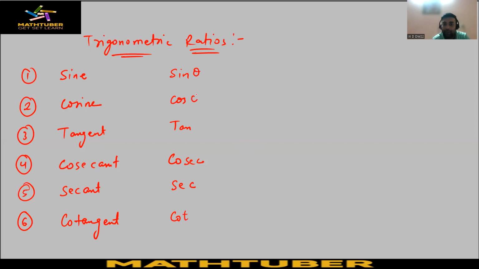And we have to place theta in front of all of these trigonometric ratios. But sine and theta, or cos and theta, are not in multiplication. Sine is the representation of the trigonometric ratio, and theta decides which side will be the perpendicular and which will be the base, right? So they are not in multiplication to each other, they are dependent on each other.